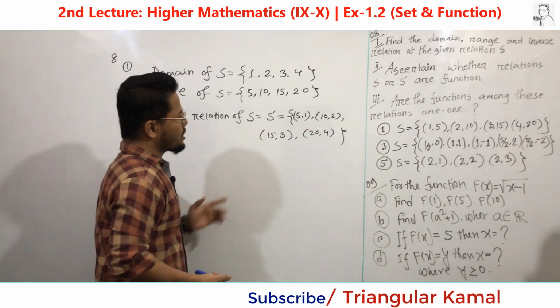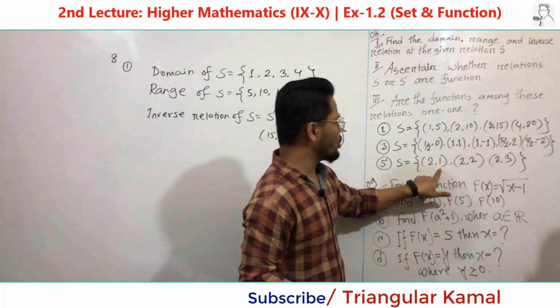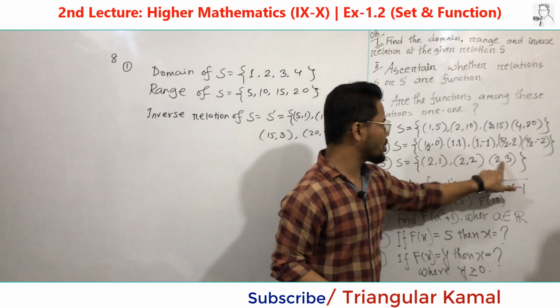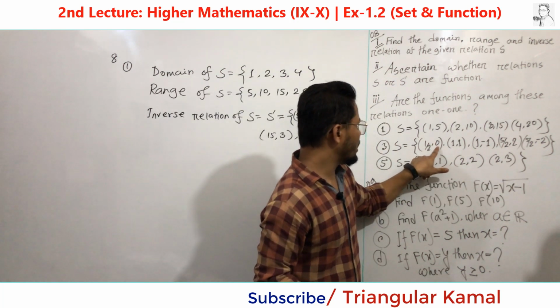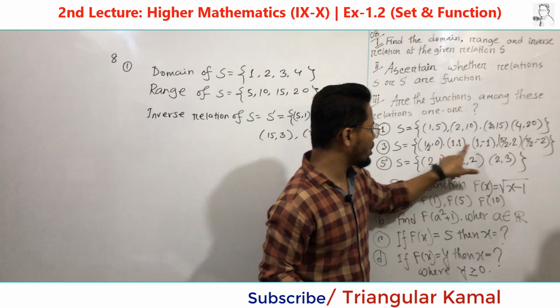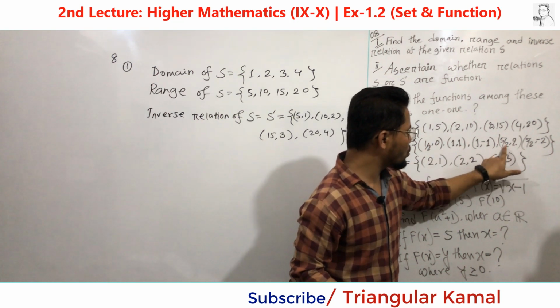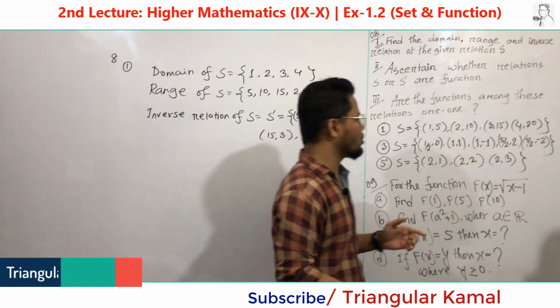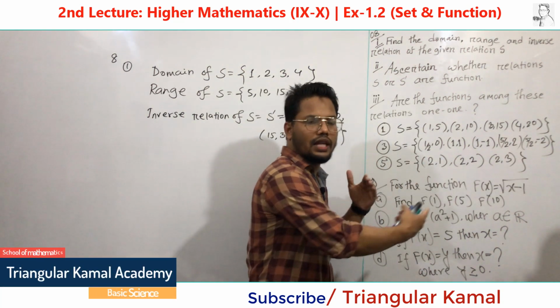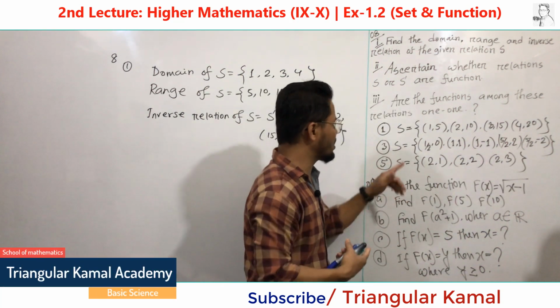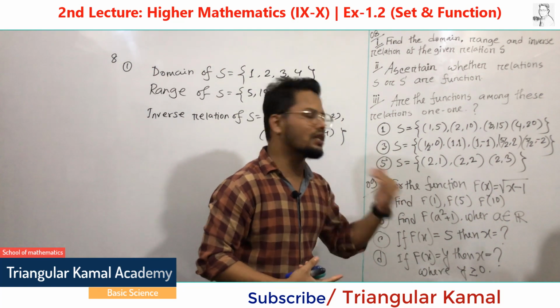For the inverse relation, similarly, we just change the order: 2, 1 will be 1, 2, and this one will be 2, 2, 3, 2, and so on. Just changing first elements to second elements and second elements to first elements converts the relation into the inverse relation.